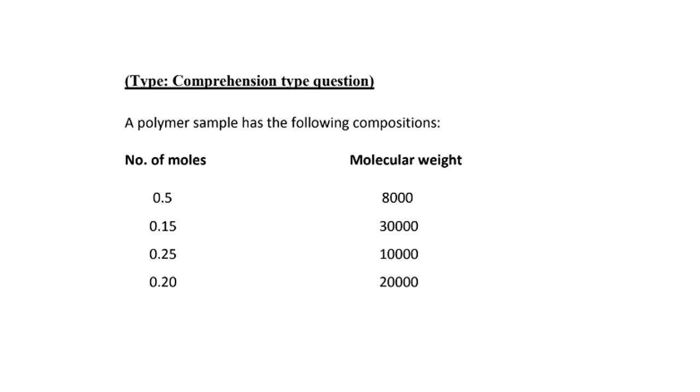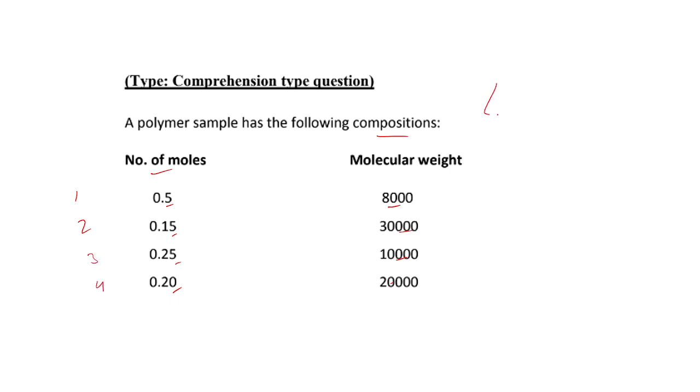Now we will discuss this comprehensive type question. We need to find out the number average molecular weight and weight average molecular weight. The data are given here: a polymer sample has the following composition. The number of moles and the molecular weight are given. Suppose I name them first, second, third and fourth.